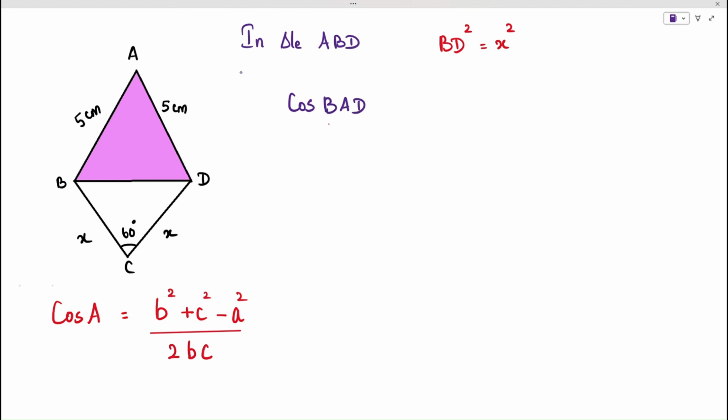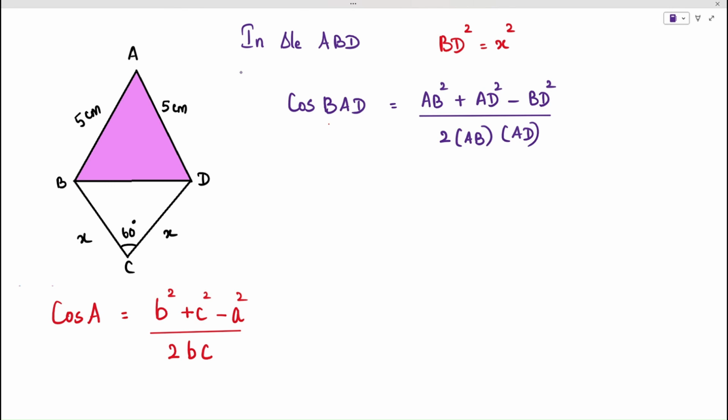Now we have to substitute the values we have and work from there. So cos of BAD is equal to AB squared plus AD squared minus BD squared all over 2 times AB times AD.